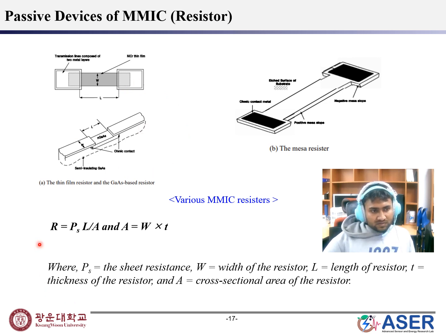Here R equals ρs L by A, and area equals W multiplied by T, where ρs is the sheet resistance, W is the width of the resistor, L is the length of the resistor, T is the thickness of the resistor, and A is the cross-sectional area of the resistor.